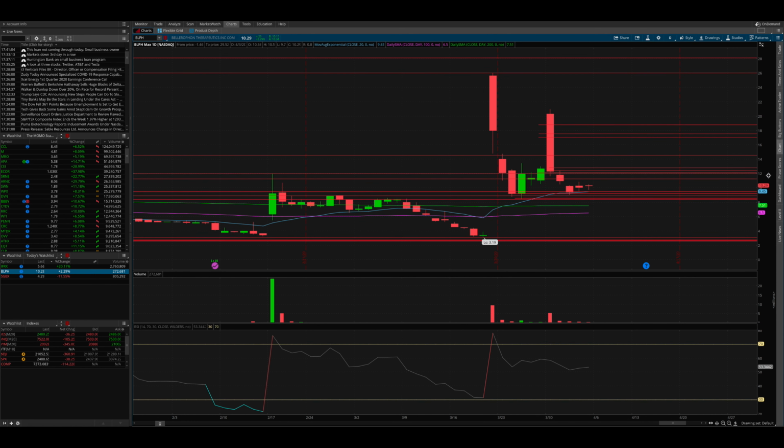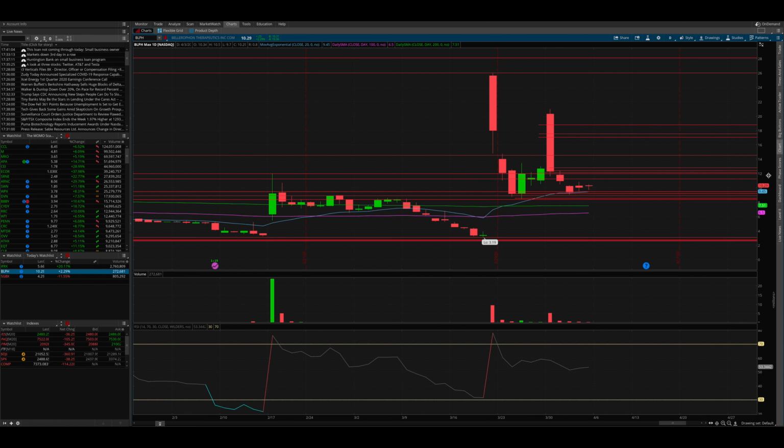So I know it seems like a lot, but once you do this over and over and you get used to the pattern recognition and terminology, this isn't like calculus. It's really not that complicated.